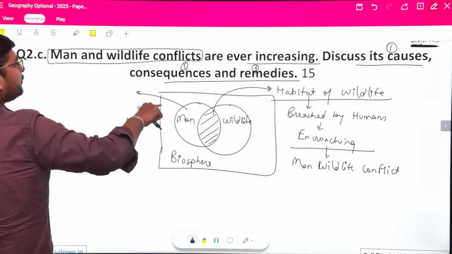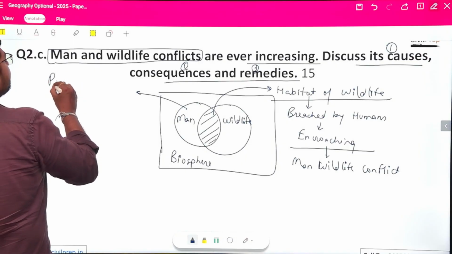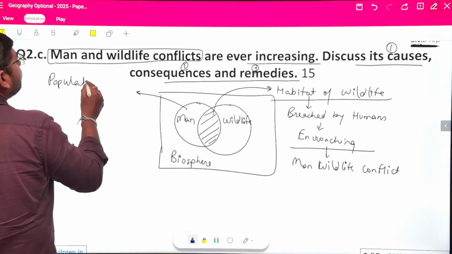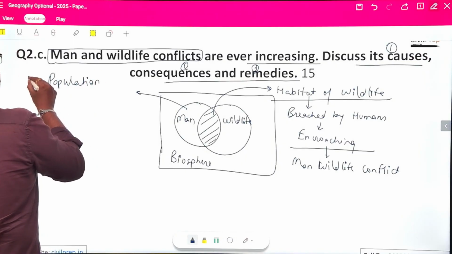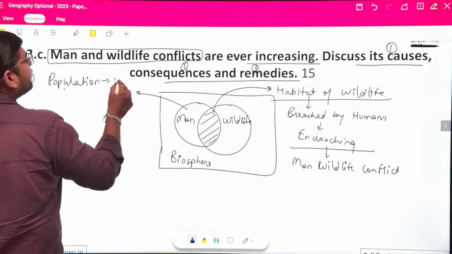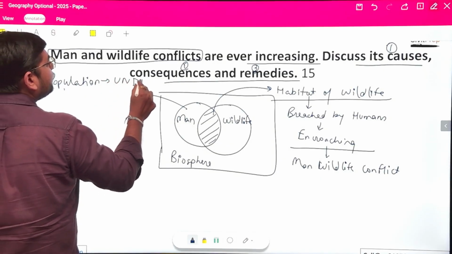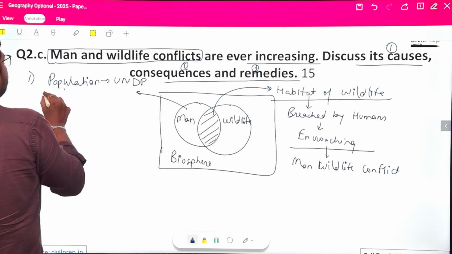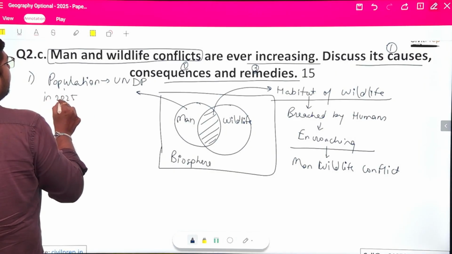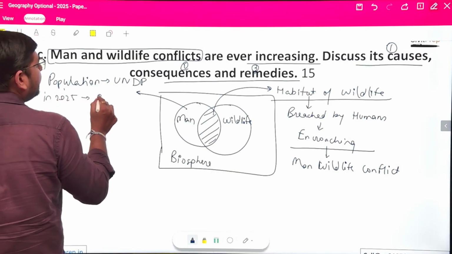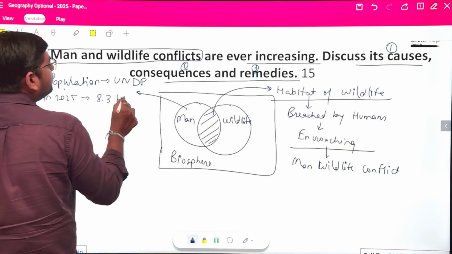When we look at the man here, population number one. As per the UNDP, the United Nations Development Programme, in 2025 the world population is around 8.3 billion.